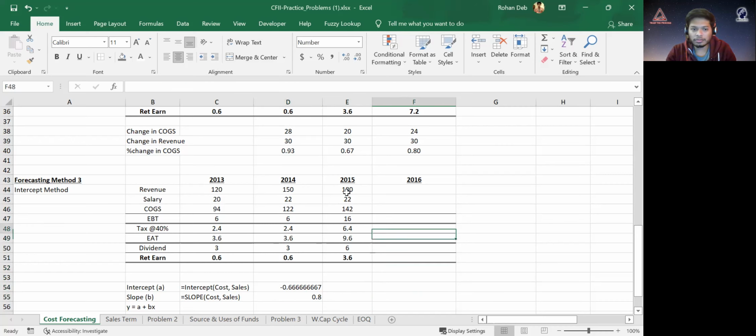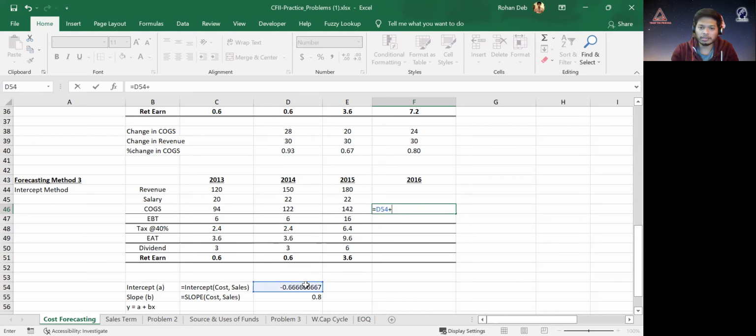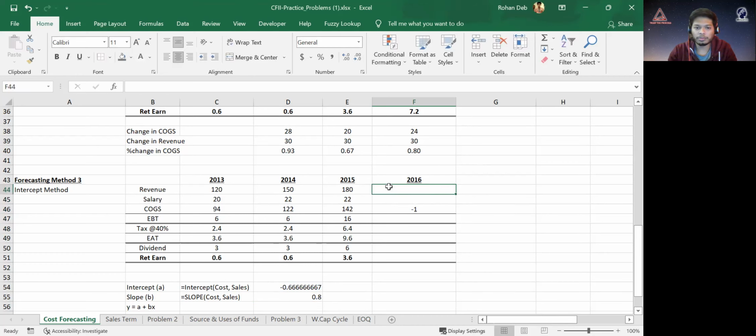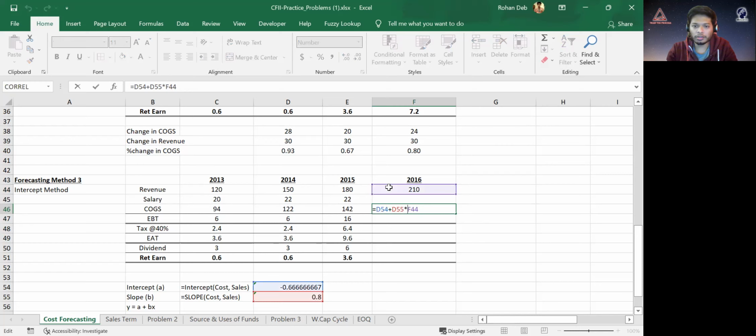So to calculate that, we'll do equal to intercept plus slope into sales. Let me put the sales first. Sales again would be 210. Then you see when you put 210 as the sales using the same assumption, that is the value you get. Just put the bracket to check.